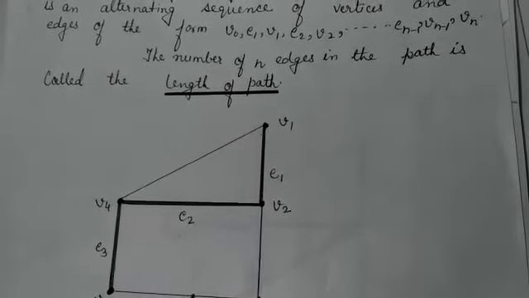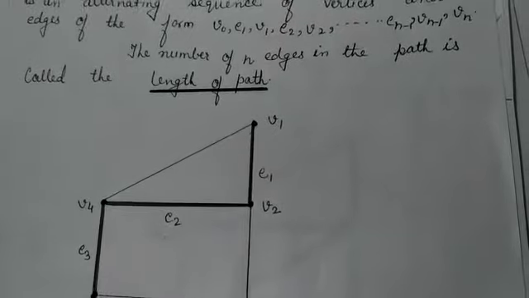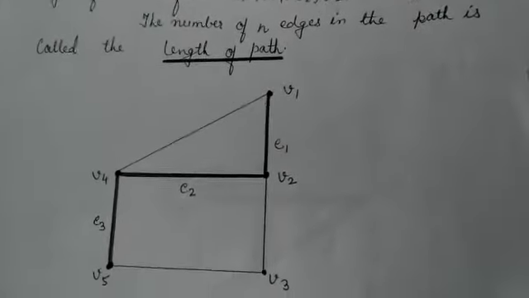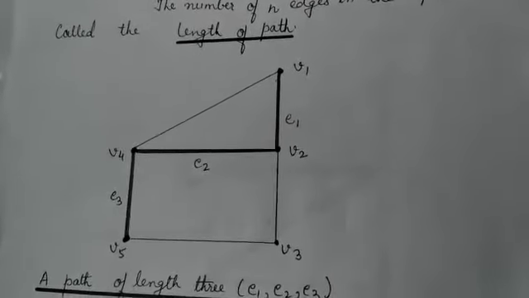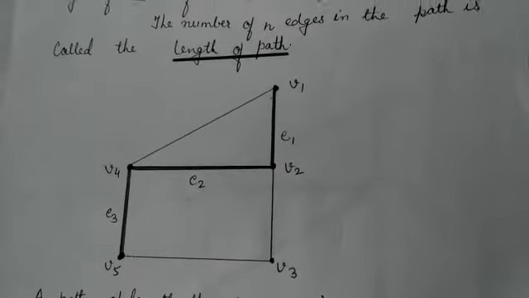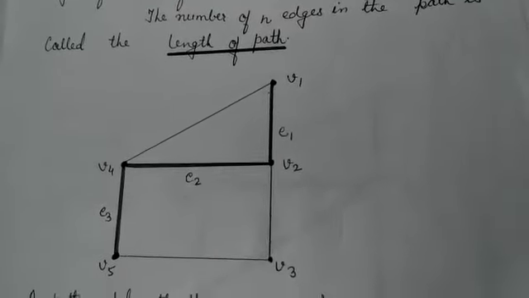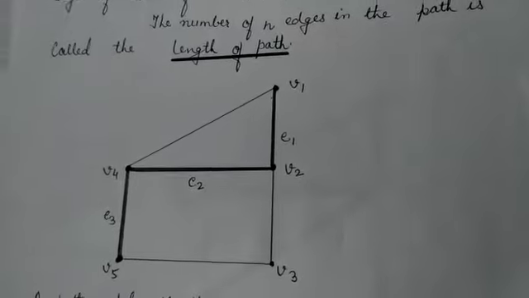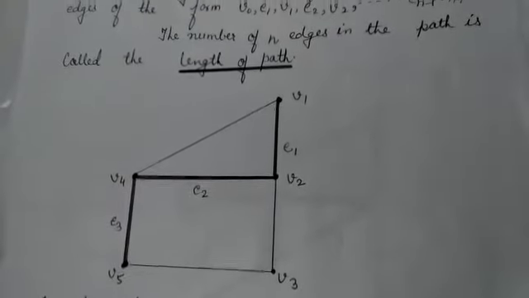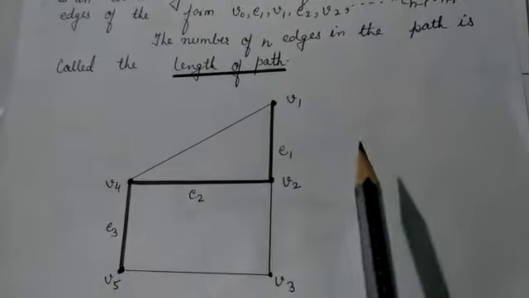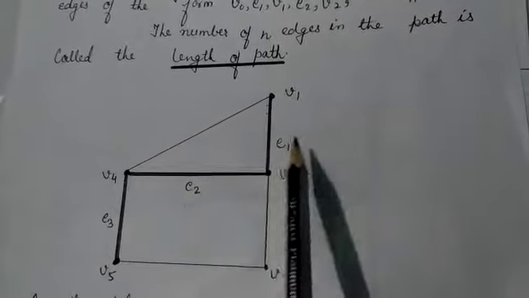The number n of edges in the path is called the length of the path. So here a path is an alternating sequence of vertices and edges, and the number of edges in the path is called the length of the path. Here we have one example.